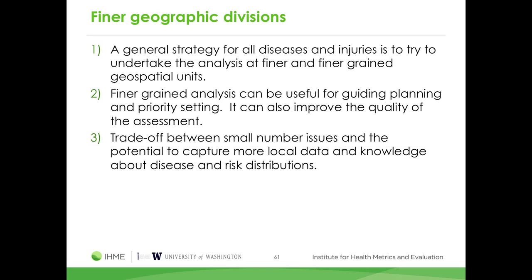That means breaking down to even finer grain, and the finer the grain of the analysis, although there are small number issues to deal with, the better the assessments tend to be, because there are more direct ways to use local information and knowledge to feed into the assessments. You also detect data errors that are masked at the aggregate level quite a bit more often. So I think that's a true direction that we see as improving the quality of the assessments.